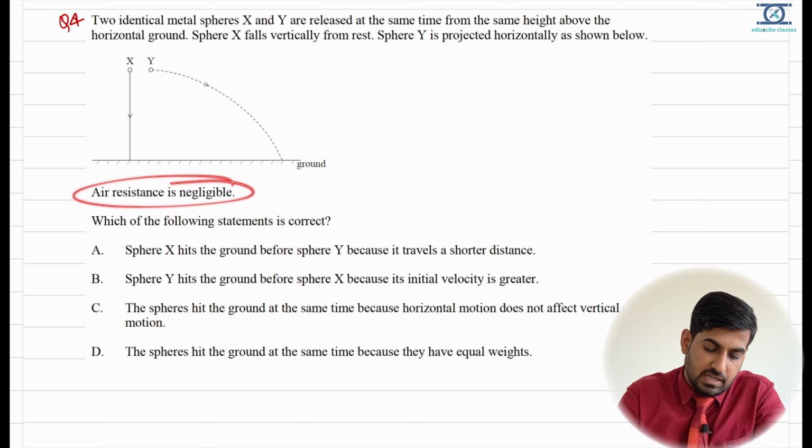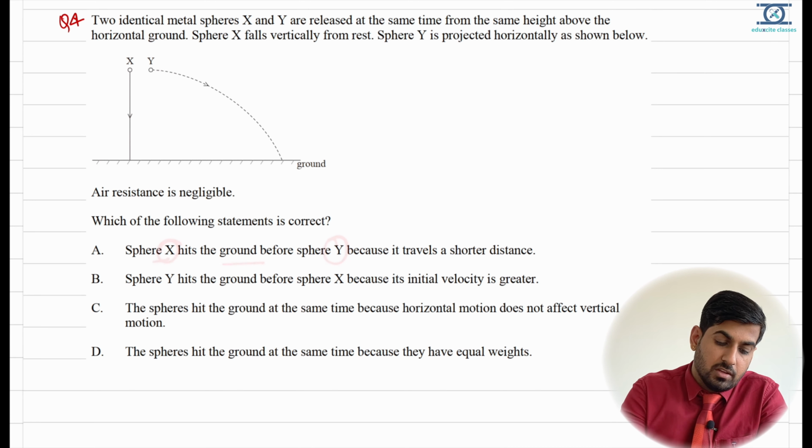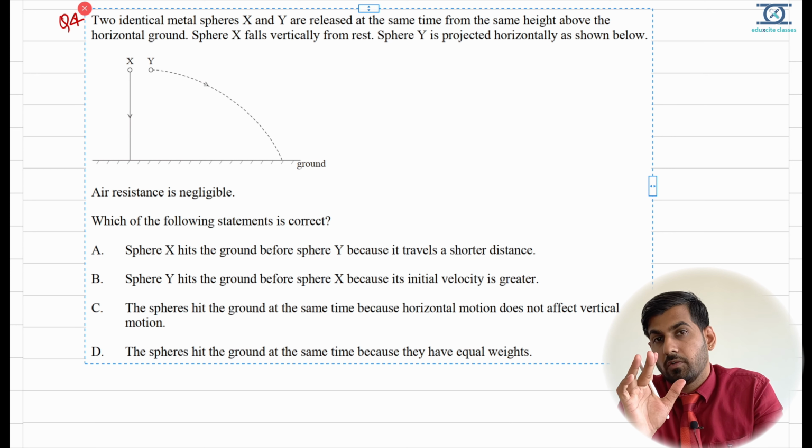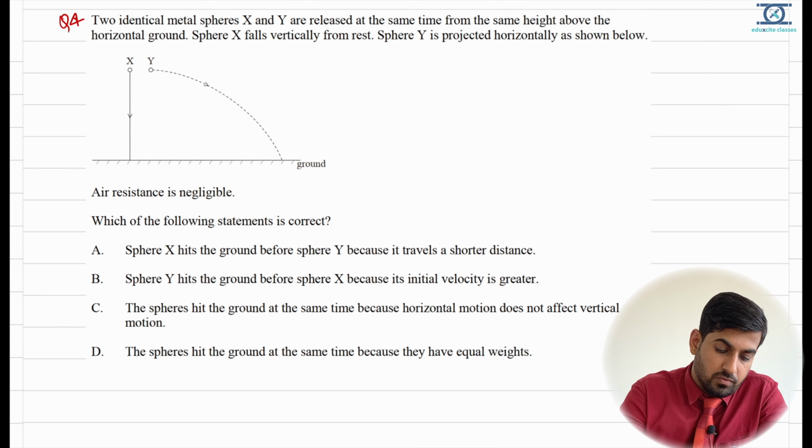Air resistance is negligible. Which of the following statements is correct? Now, the statement that sphere X hits the ground before sphere Y: you have to make sure the vertical displacement for both of them is the same, and the initial vertical velocity uy is 0 for X, and uy for Y is also 0.